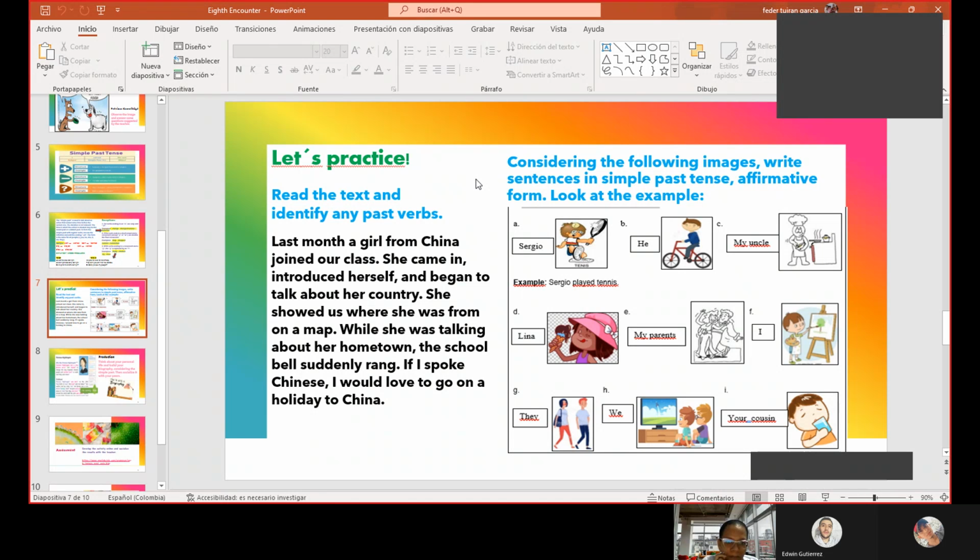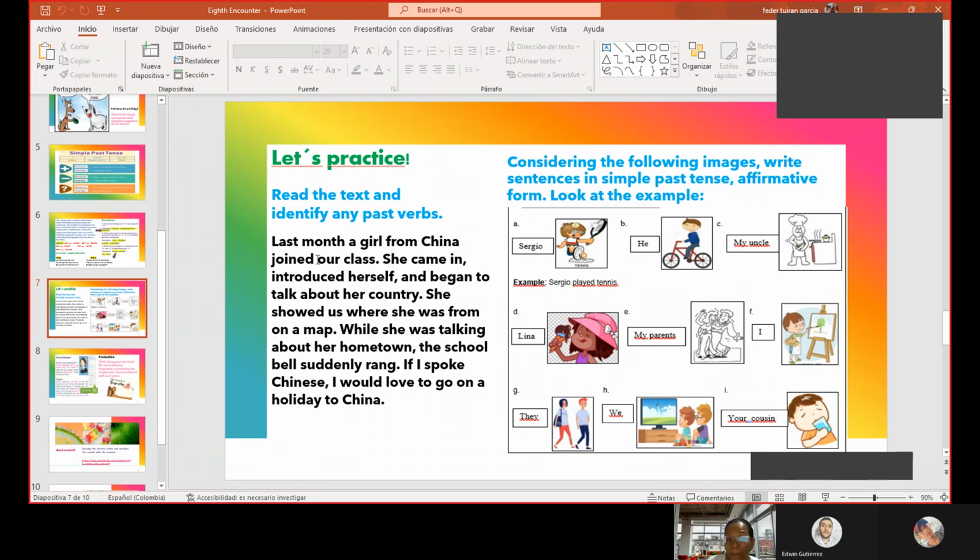Anwar, your question is about tips, for example, about how you pronounce this kind of word when finishing in ed. Yes. For example, join it, introduce it.